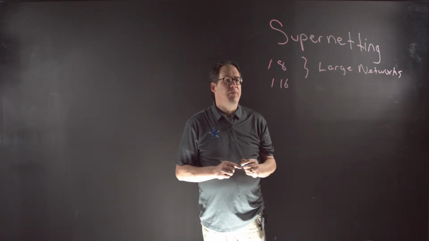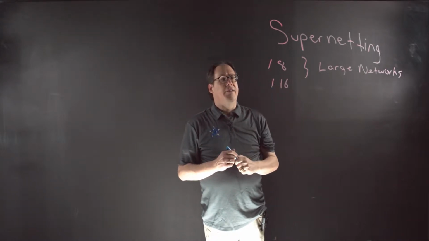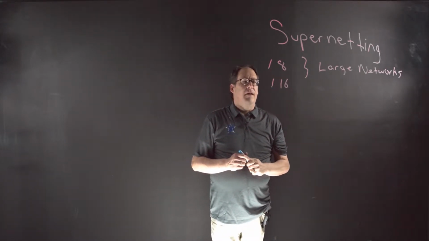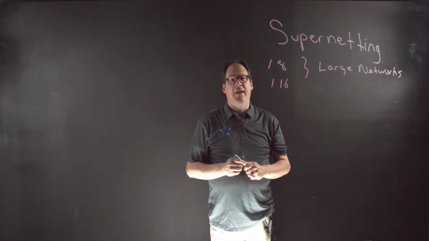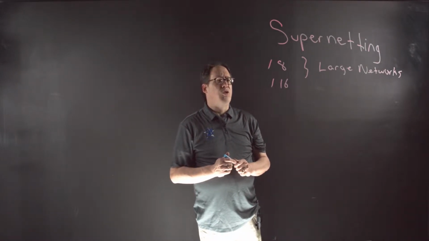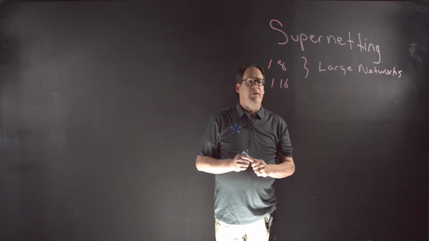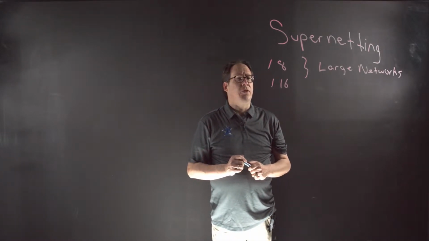In this case, we are going to talk about the /8 and /16 networks as supernets, but really supernets can be networks that are probably anything larger than /22. So these are aggregate networks.